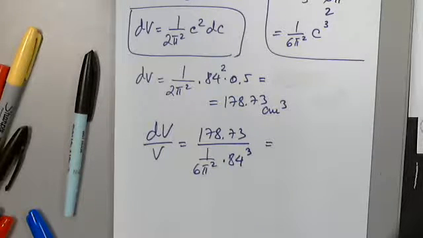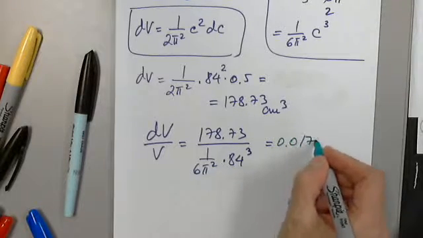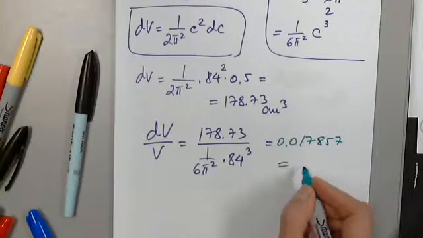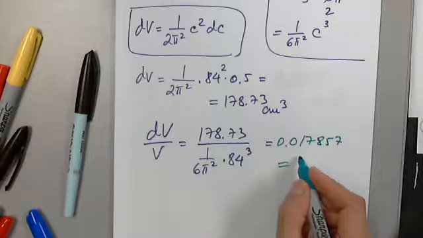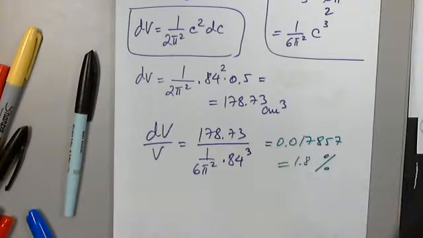Basically, it's multiplied by 6 and multiplied by pi squared, but divided by 84 to the third power. I got 0.017857, which is 1.8%. This was an application of differentials.